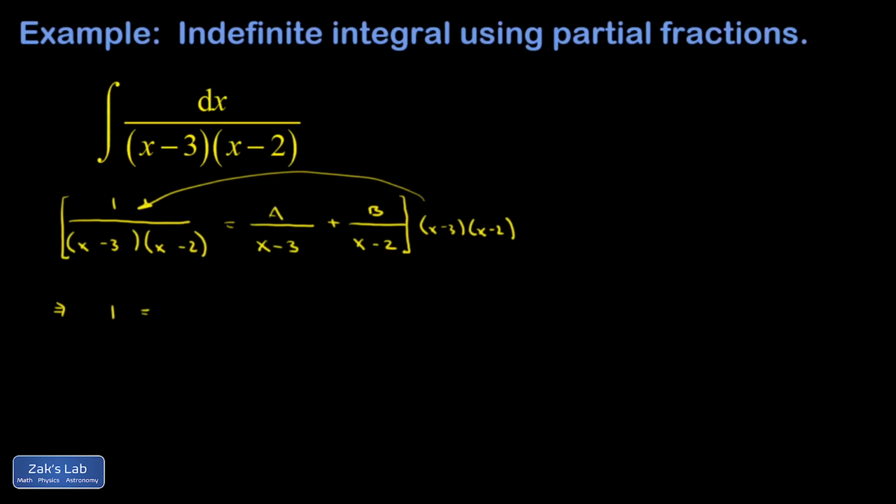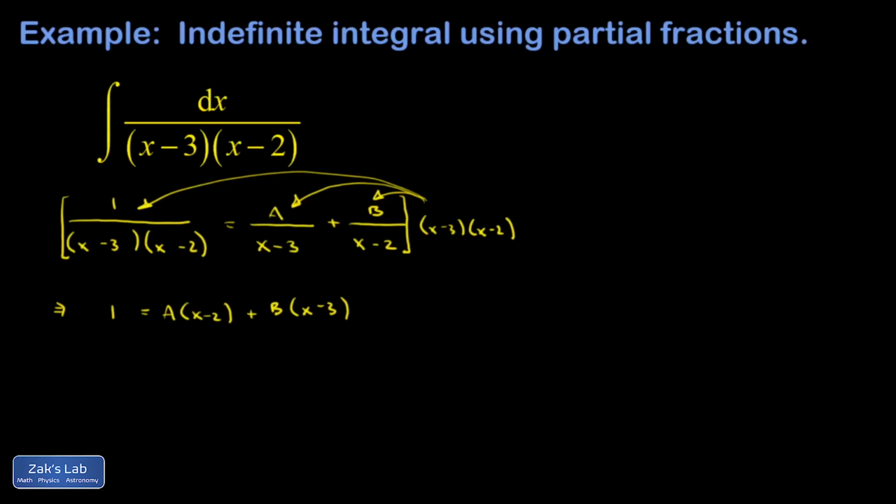When I distribute it to the A containing term, the x minus 3 is going to cancel, and I'm left with A times the quantity x minus 2. When I distribute it to the B containing term, the x minus 2 cancels, and I'm left with an x minus 3.